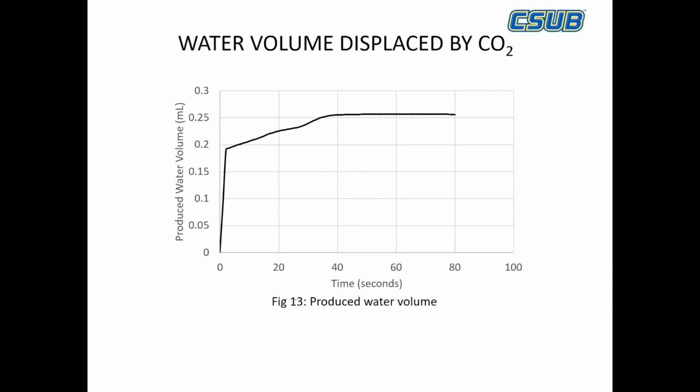Now, this is based on the geometry that I'm simulating. And this is gradually increasing, and it remains at 0.25 ml between, let's say, 35 seconds and 80 seconds. Now, this should again drop later on when you have less water left inside of the geometry, okay?